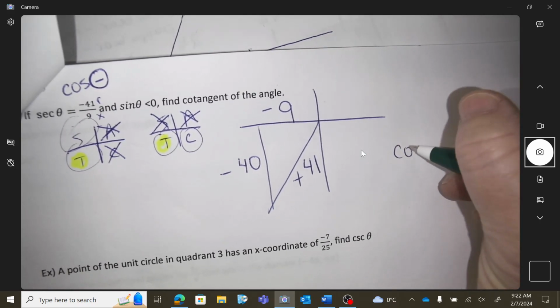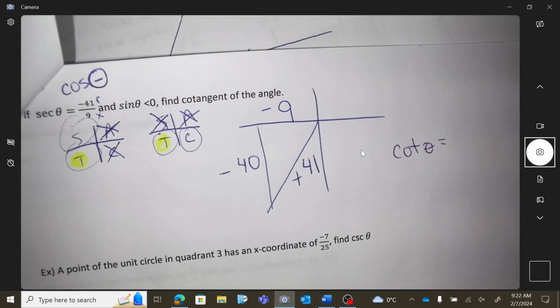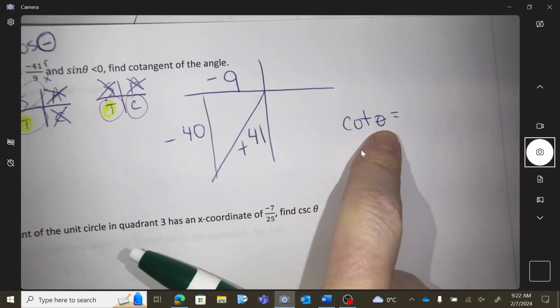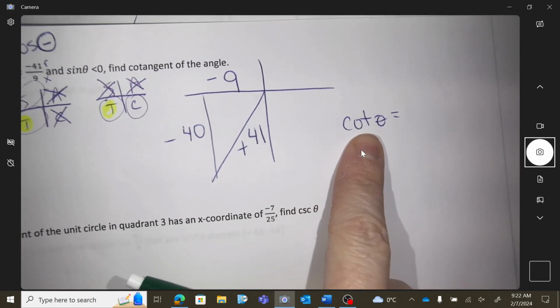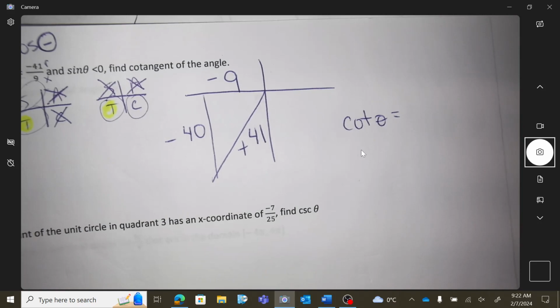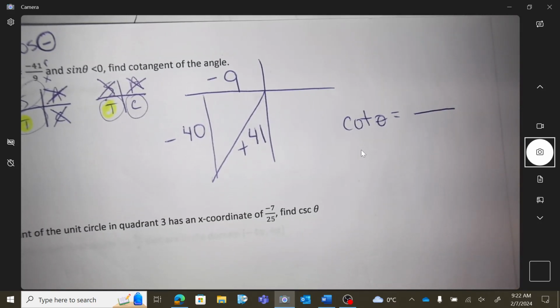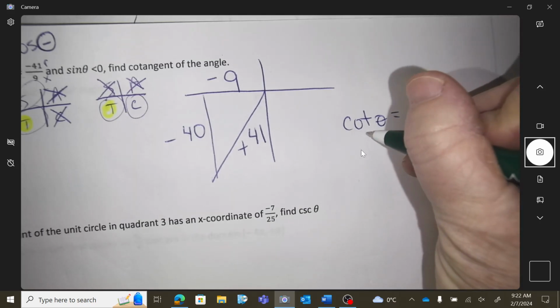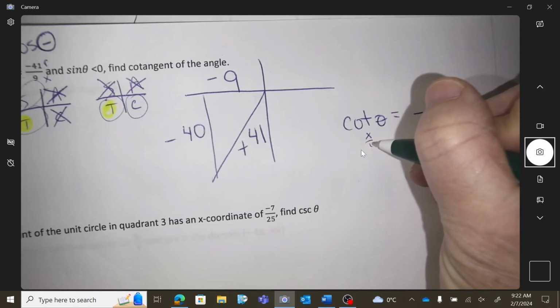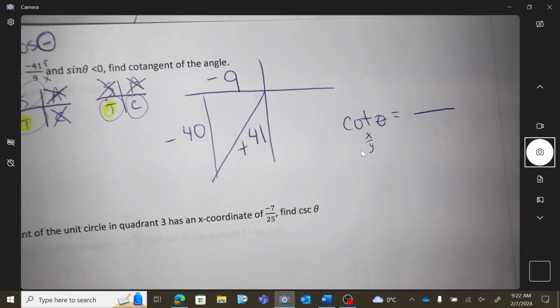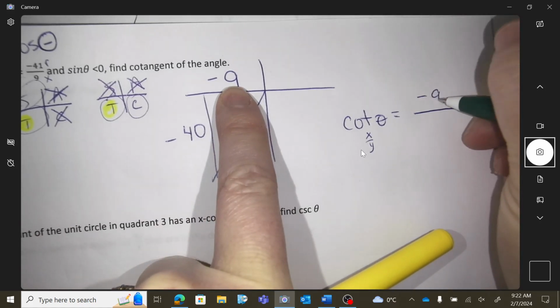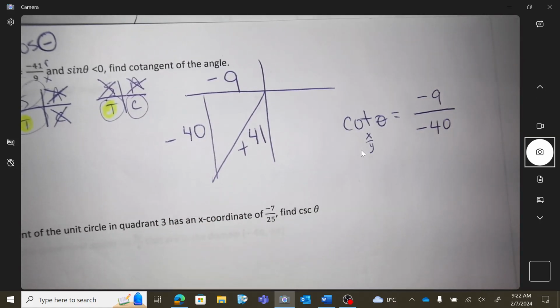It says, what's the cotangent ratio? So COT is the 3 letters that you can use for that one. And then I need what letter divided by what letter? X over the Y is that one, right? X over the Y.